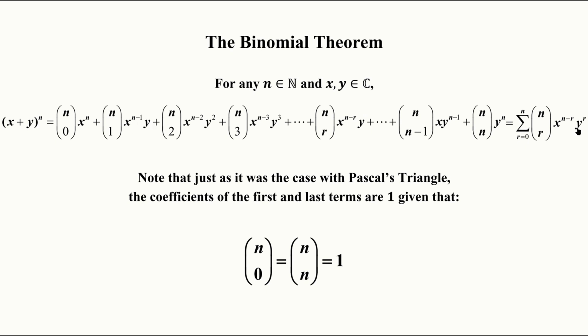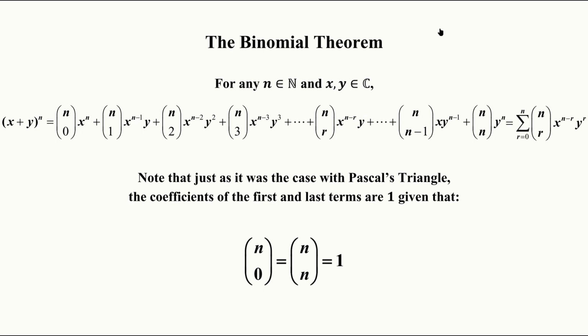And then y to the power of r, which is 1. So that's just y, right? What's the next one going to be? n choose 2, right here. x to the n minus 2, and then y to the what? r, which is 2, etc. So you can see this entire sum can be compactified into this nice summation format here, right? Which is a lot easier to remember.